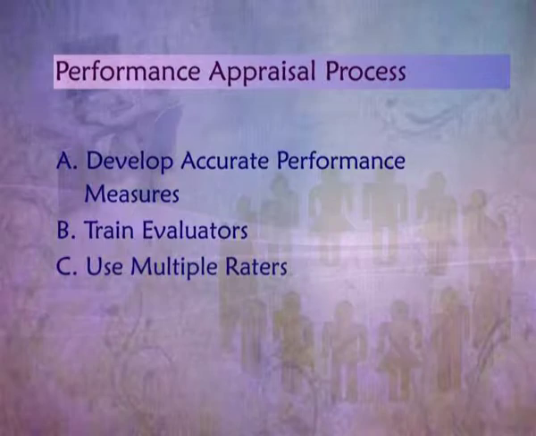Use multiple raters. The next tool to minimize errors in the evaluation process, at least in some cases, is to use multiple raters to evaluate an individual. This becomes expensive very quickly, so we must decide whether or not the value inherent in using multiple evaluators overcomes the cost of the process. If it does, using multiple evaluators can conquer some significant problems in the appraisal process.